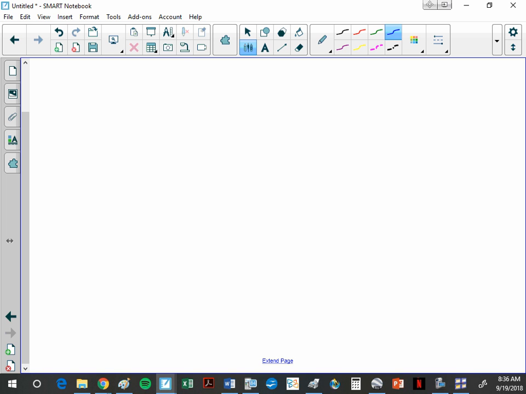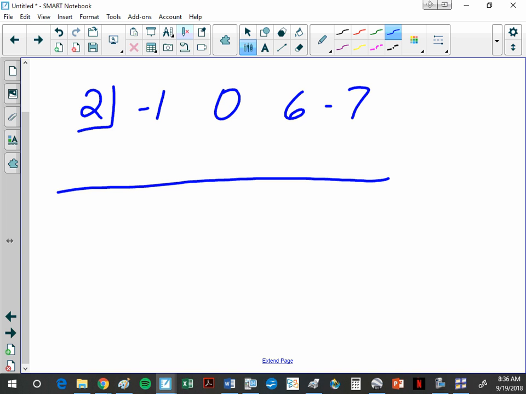So on number 1, put 2 in the box. And then what are my coefficients? -1, be careful, 0, and 6 and -7. Drop the -1. 2 times -1 is -2. 0 times -2 is -2. 2 times -2 is -4, which gives me a 2.